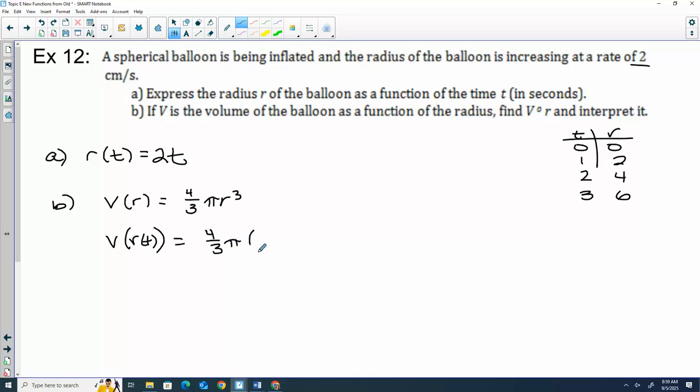So what do we plug in for the r? r is 2t. 2t cubed is 8t to the third, so we get 32 pi over 3 t cubed.